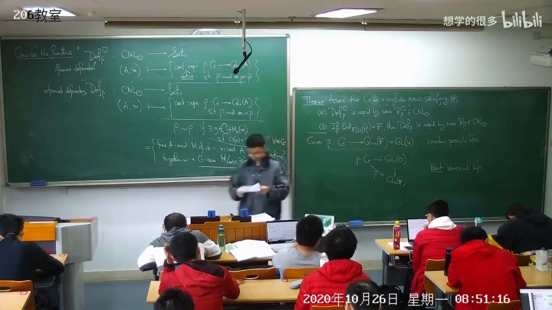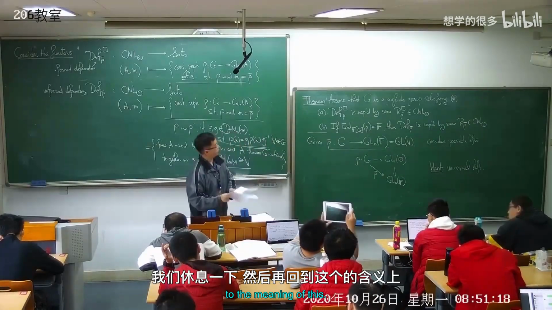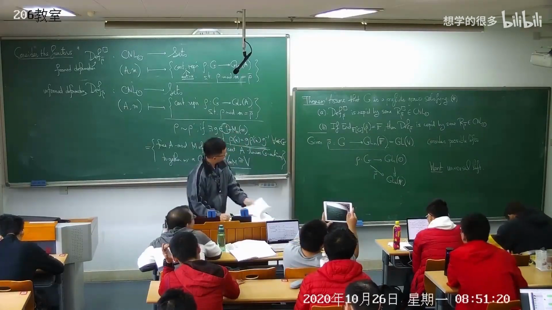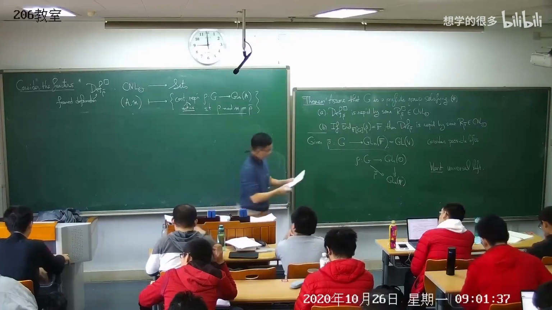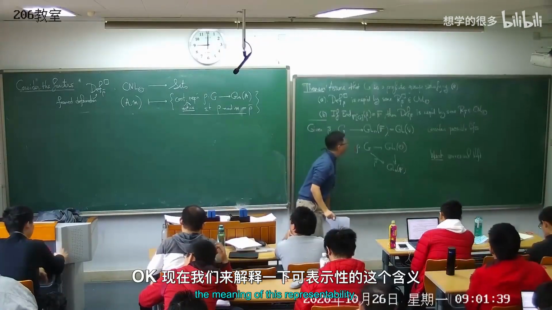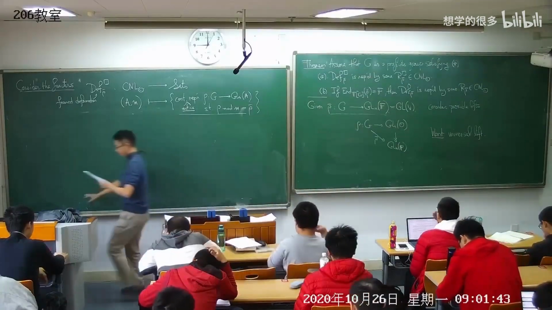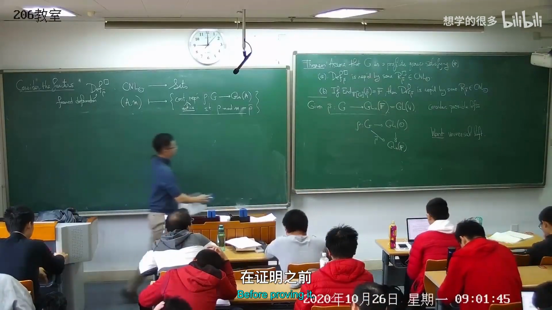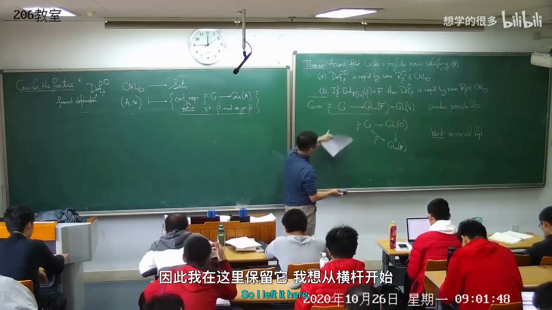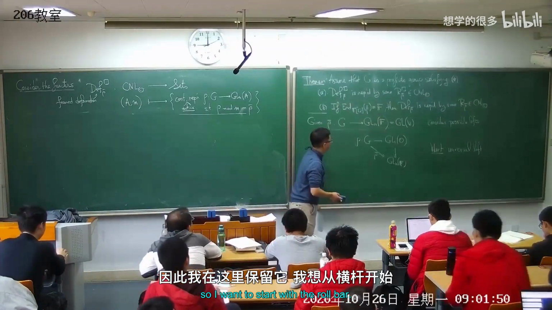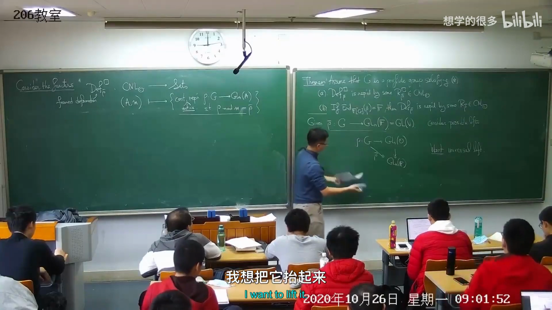Okay. We'll take a break and then come back to the meaning of this statement. So where am I? Okay, so now let's explain the meaning of this representability, just a tiny bit, before proving it. So I left it here, so I want to start with a rho bar. I want to lift it.